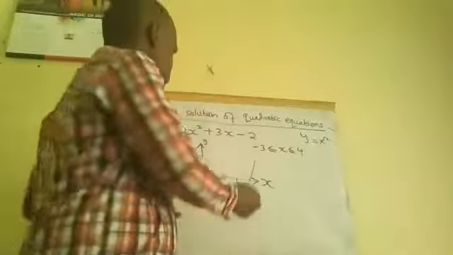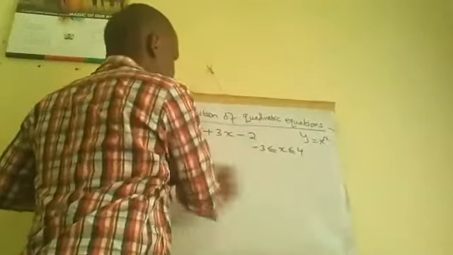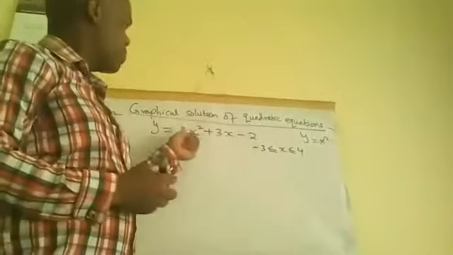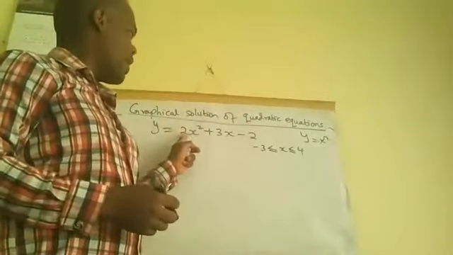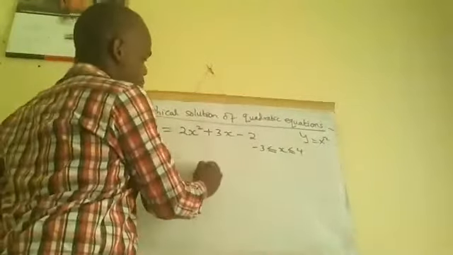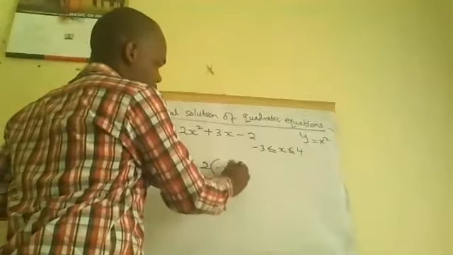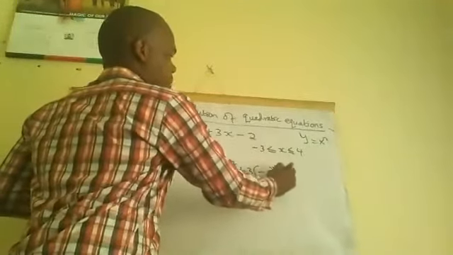Now, there are students who cannot find the value using a calculator, let's say the value of y when x is -2. So this is what you do. You say 2 into bracket -2 into bracket power 2, plus 3 into -2, minus 2.